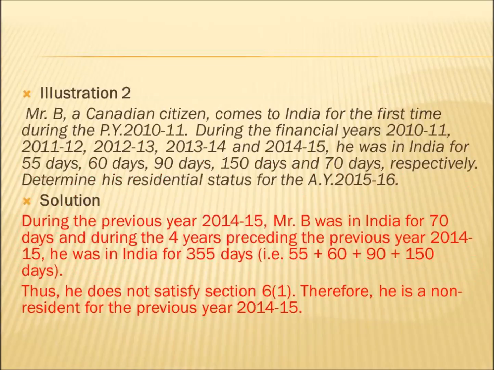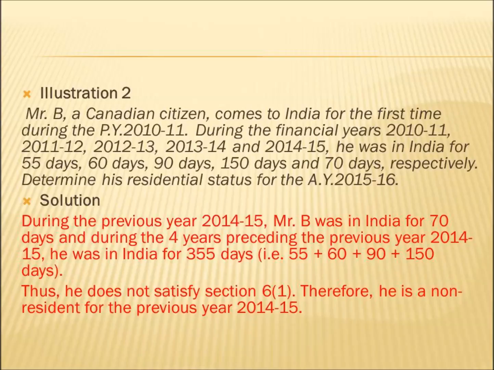Let us take one more example for the better understanding of these concepts of residential status and the types of residential status. Illustration 2. What the question is saying is, Mr. B, a Canadian citizen, comes to India for the first time during the previous year 10-11.